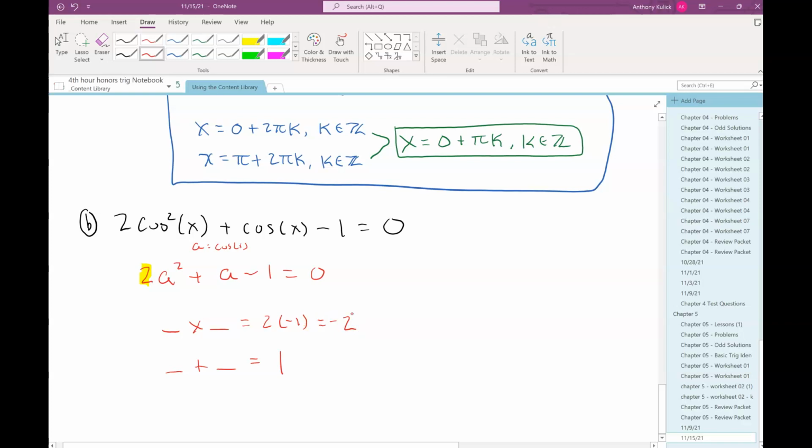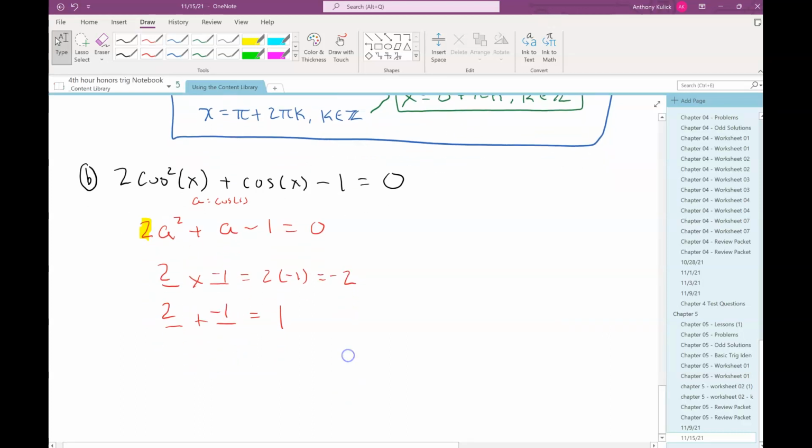So what multiplies to give us -2 and adds to give us +1? Go ahead. 2 and -1. Now, unfortunately, that doesn't take us straight to our answer. What that's going to do is it tells us how to break apart the linear term. So I'm going to rewrite a as 2a plus -1a.